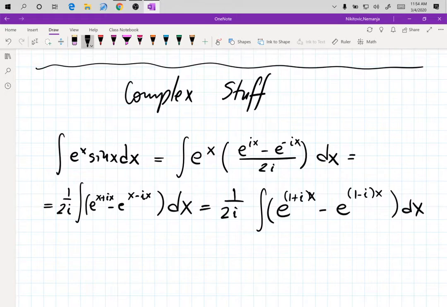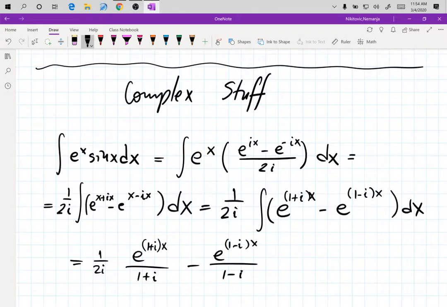Hey, that's the integral of e to the ax. That's a joke, right? To integrate the e function. So the integral is 1 over 2i times e to the (1 plus i)x over (1 plus i) minus e to the (1 minus i)x over (1 minus i), plus constant c.